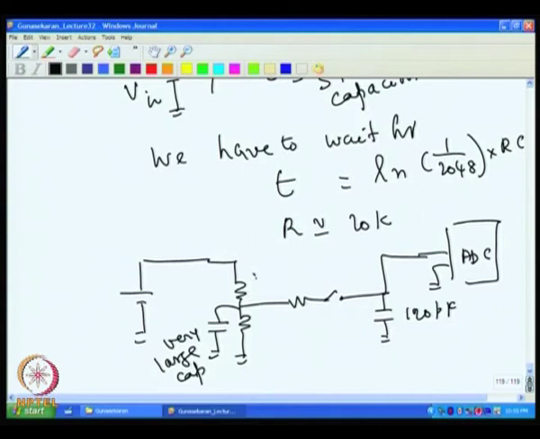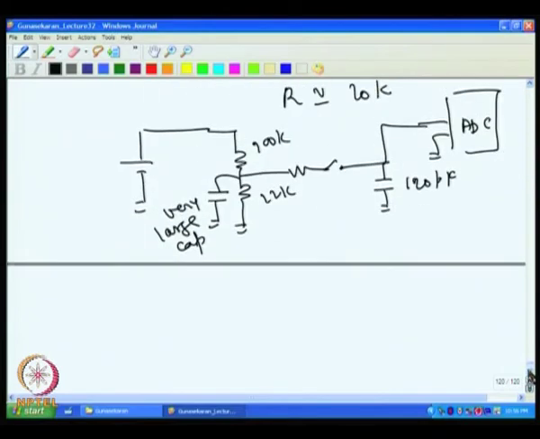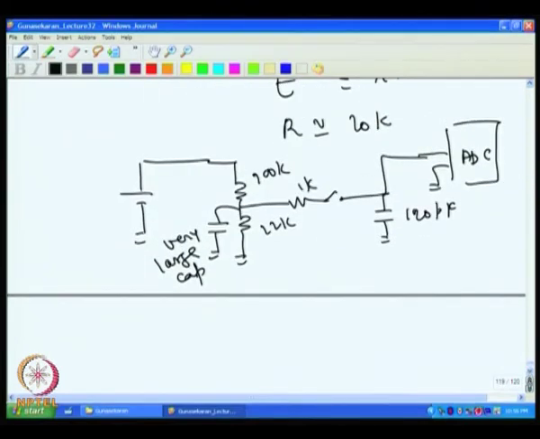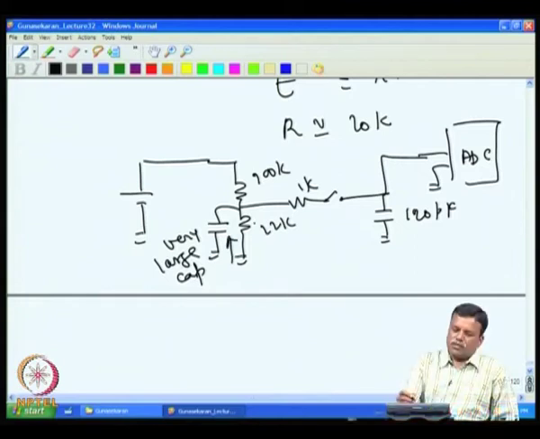Say here 100K and 22K, and this is about 1K.